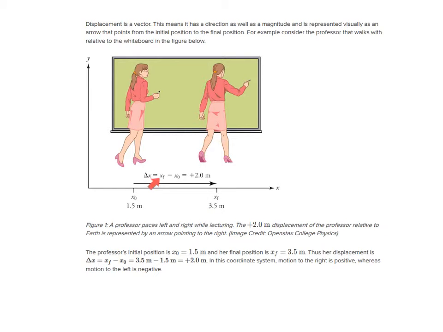Again, we start with our final position, 3.5, and we subtract our initial position, 1.5, to find our total displacement, which is positive 2 meters. It's important to notice that when you get into more complicated physics, if the teacher or the object is moving to the left, this will be negative.